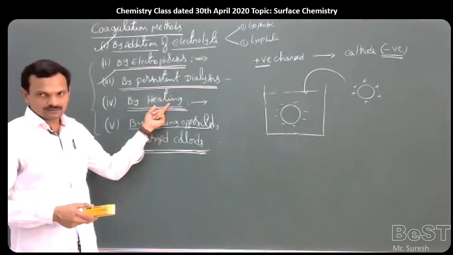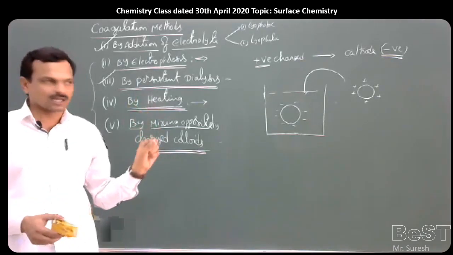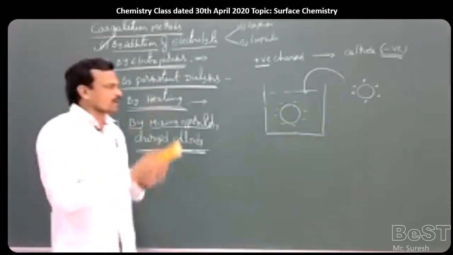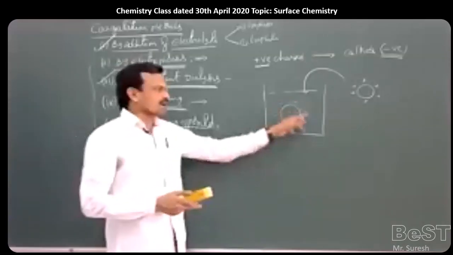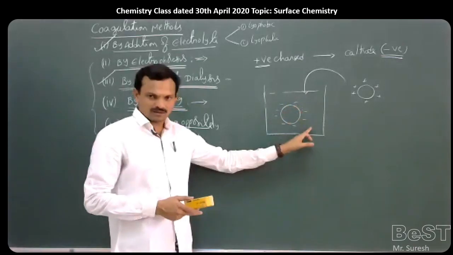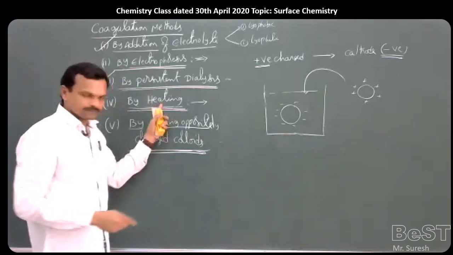By heating: on heating the colloidal solution, the kinetic energy of the particles increases and the collisions between the colloidal particles increase. During collisions, the adsorbed layer will be disturbed. As a result, the particles undergo coagulation and get settled.